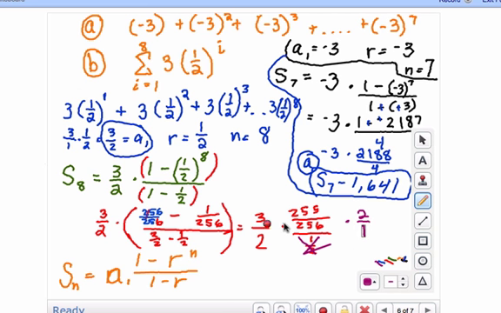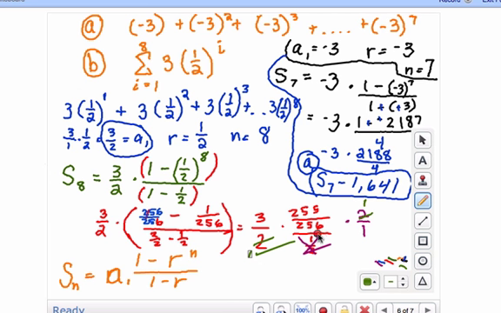And so I have 3/2 times 255 over 256 times 2 over 1. So you can just start simplifying if you'd like. This 2 and this 2 can simplify to 1s. Both become 1s basically.